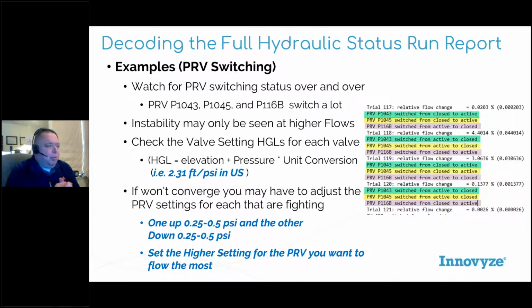The other thing to keep in mind is that it's an HGL the valve is trying to meet, the hydraulic grade line, not just a pressure, but that's dependent on what the elevation is. In the model, you're often assigning elevations based on the ground elevation, but these valves are buried, so I'm probably not getting a good value on my valve elevations.